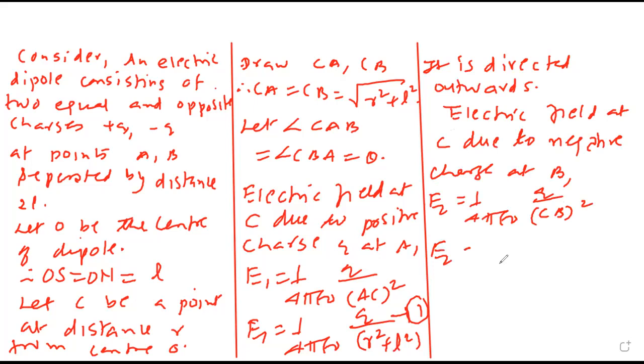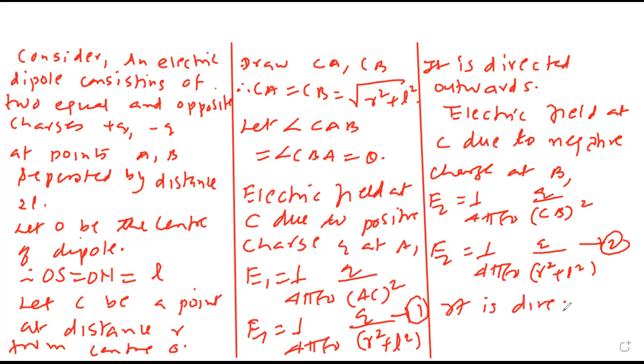So E2 equals 1 upon 4 pi epsilon naught, q upon r square plus L square. It is directed inwards. You can clearly see magnitude wise they are the same. Just copy this one.